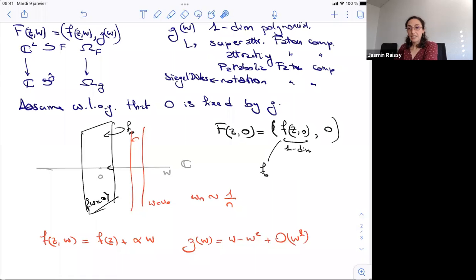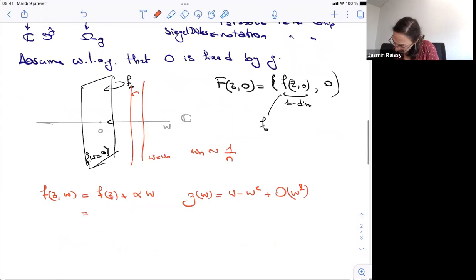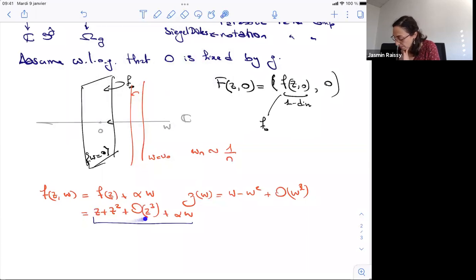The idea underlying it is that I could start with z plus z squared plus big O of z cubed, because I need it, plus alpha w. And in here, this reminds people, and now also me, of parabolic implosion. I'm perturbing a parabolic map, what we studied yesterday, with something in here which is like 1/n.